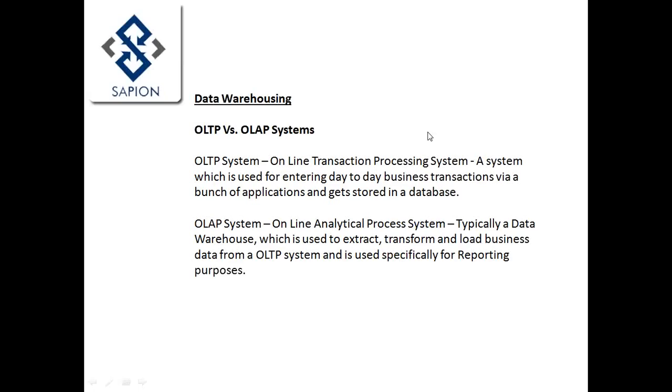Now, if you talk about large, medium or small corporations, there might be a scenario where they have ERP systems, enterprise resource planning systems. What are these systems? They are nothing but OLTP systems. These systems have multiple applications, each application supporting a business function in an organization.